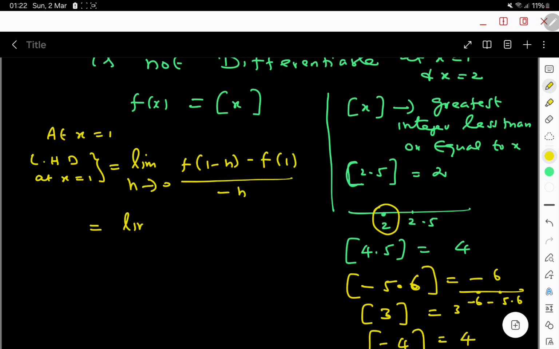So limit h tends to 0, the function is the greatest integer, so we write the greatest integer of 1 minus h minus the greatest integer of 1, divided by minus h.